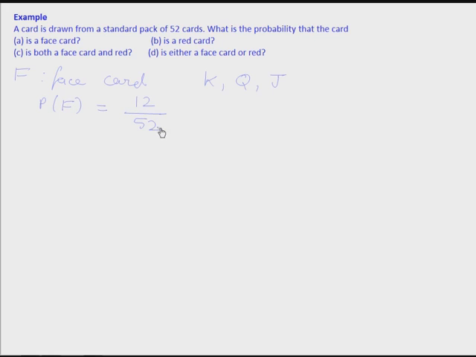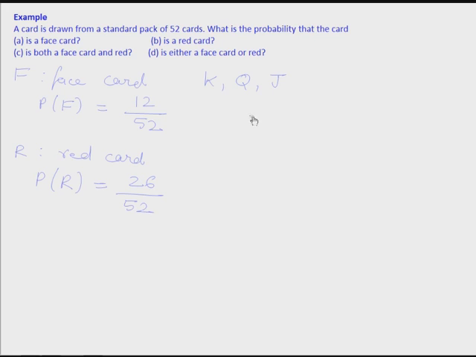What is the probability that it is a red card? R, red card. Well, there are 2 colors in a pack, black and red, and there are an equal number of red and black, so there are 26 red cards. The probability of a red card is 26 over 52. Is it both a face card and red?